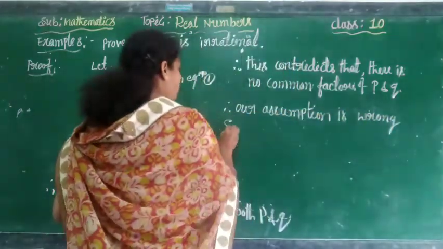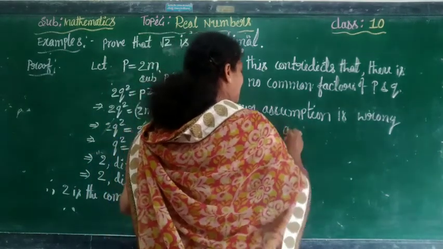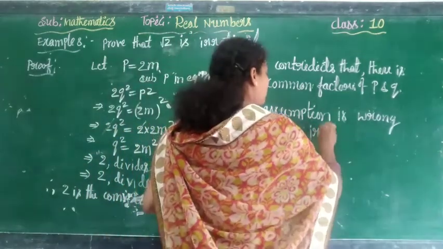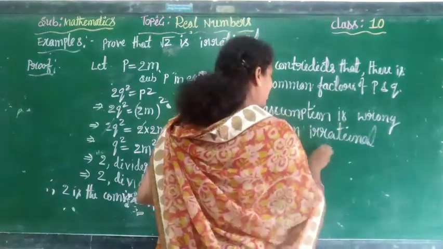So root 2 is an irrational. Root 2 is an irrational.